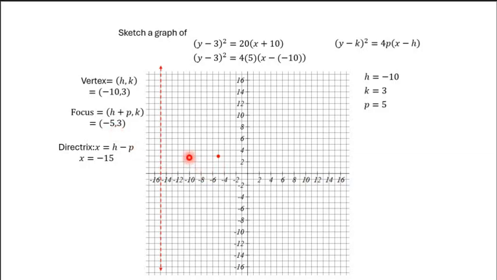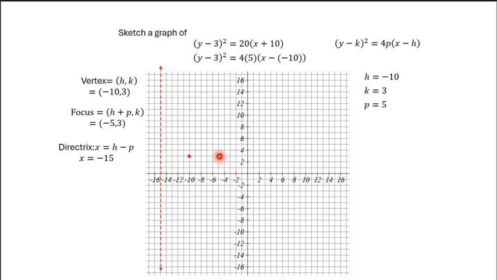So there I have the vertex, the focus, and the directrix of the parabola drawn. And now I'm going to look at finding the length of the latus rectum. Well, the latus rectum is 4 times the value of p, or basically that number, 20. So the length of the latus rectum is 20, and the midpoint of the latus rectum is the focus of the parabola.